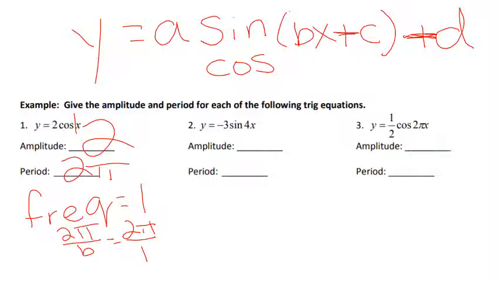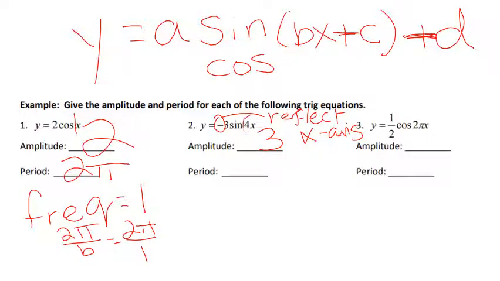Here in the next example, your amplitude is a positive 3. Now I know there's a negative sign on that. That negative, remember, means reflection over the x-axis. So your amplitude is not negative 3. It is always positive.